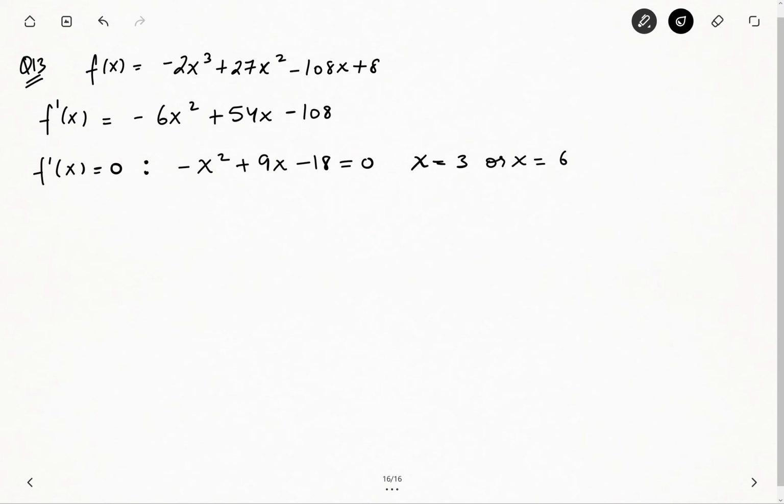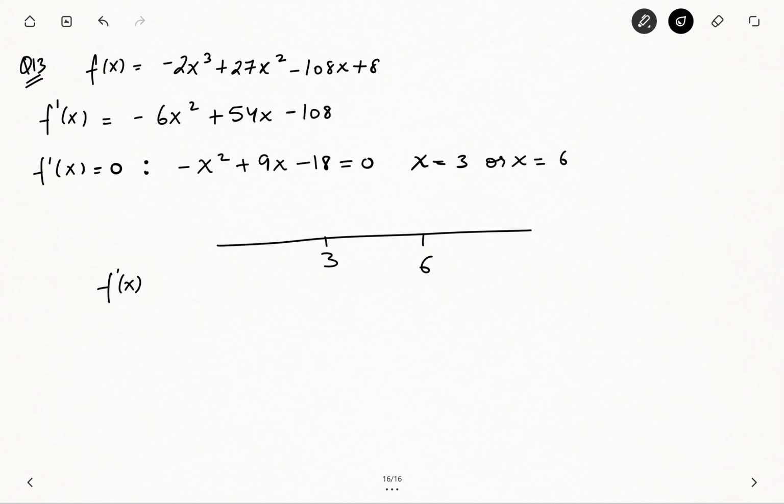Once you have this factored out very nicely, you can do the same analysis again. Now, when we draw the number line, the points of concentration are going to be 3 and 6, right? So we're going to pick a point and evaluate the value of the derivative at those points. Just to make it easy, we can write the derivative in the factored form: -6 times (x minus 3) times (x minus 6).